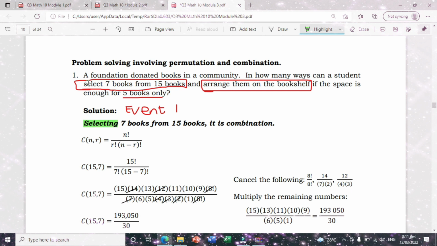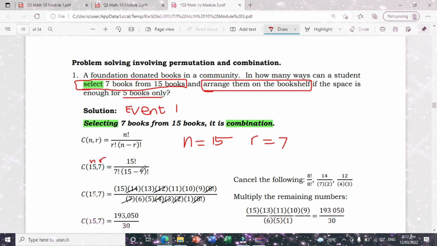So, understood na yan na combination. Dito, ang N natin, out of ilang books? 15. Ilan lang yung i-select natin? There are only 7.